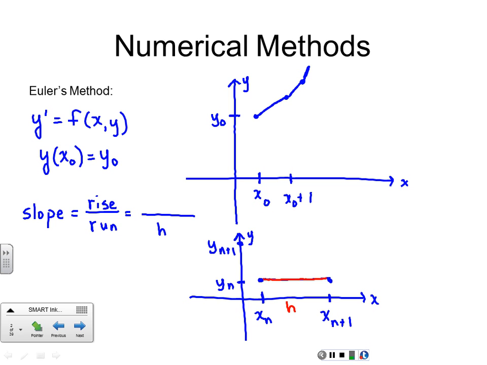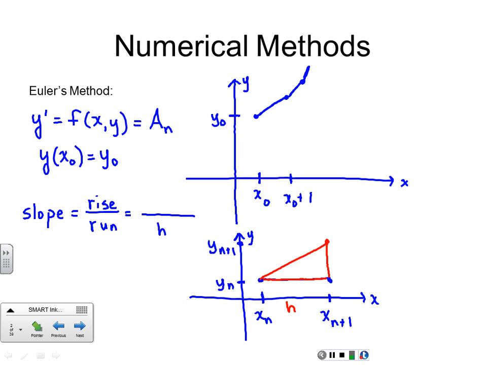Your amount of rise would go up from y sub n to y sub n plus 1. I don't know what to label that yet. But we know that together the run and the rise represent the slope, right? So the slope, we're going to talk about the slope being this diagonal line right there. This is going to be the slope. Now, Euler's method uses the notation for your differential equation, big A sub n.